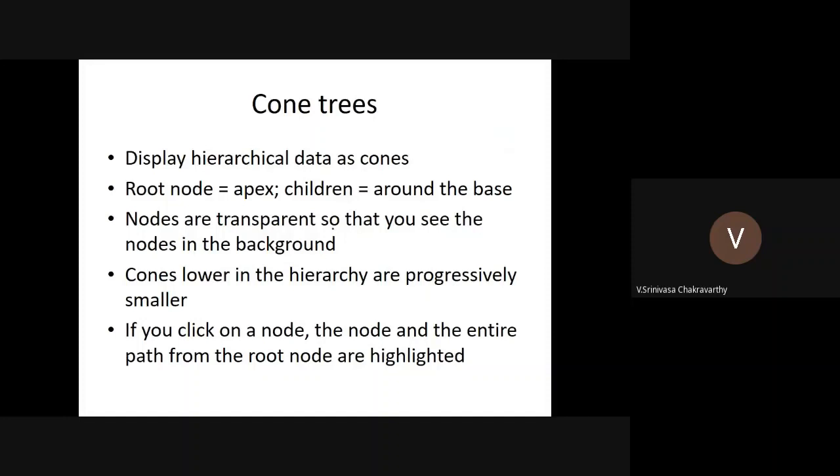Then there is something called cone trees. Cone trees are good at depicting hierarchical data. Hierarchical data means, let's say, the organizational chart of a company or an organization, or let's say the IIT organization. At the top, you have the director, and below that, you have a bunch of deans.